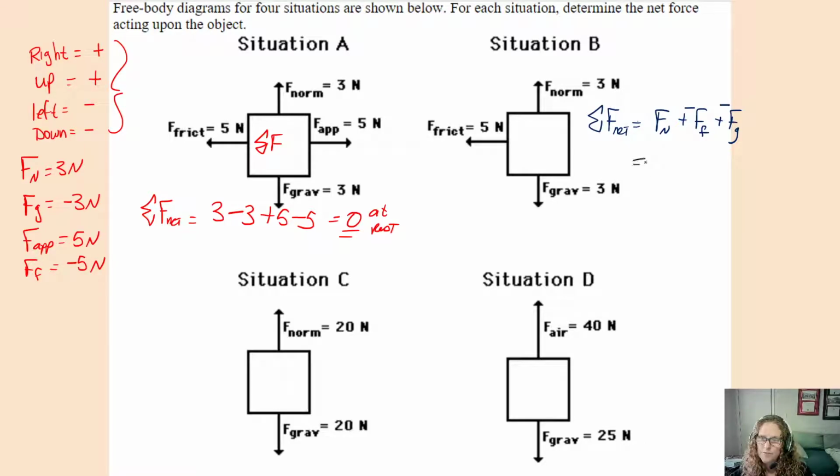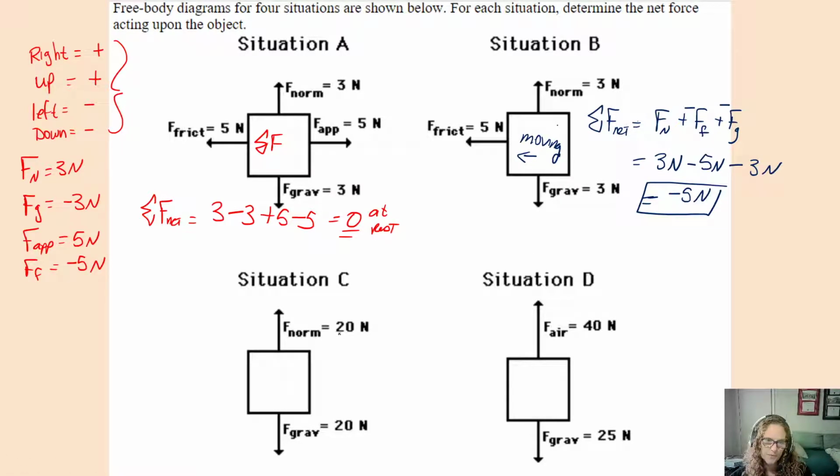So now we have 3 newtons for the force of normal minus the force of friction minus the force of gravity. So that gives us a total of negative 5 newtons, which tells us that the object is moving in the negative direction, to the left. And we know this is moving because there's no balanced force. It doesn't equal 0 over here. So it's moving to the left.